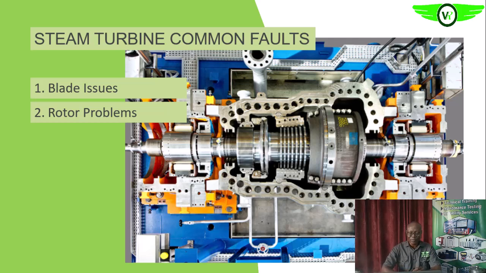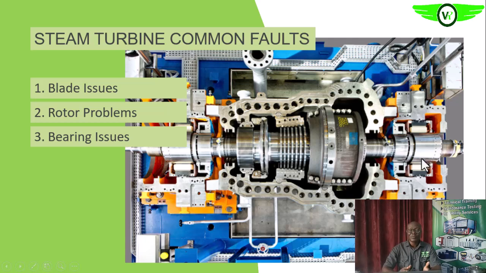There are rotor problems, problems that are associated with rotors like this. We are going to look at them and what we need to do to guard against the occurrence of such problems. Then bearing issues, bearing problems. Of course, we know that in the course of usage, the bearing will definitely wear.